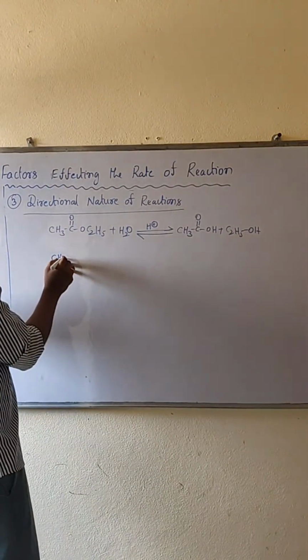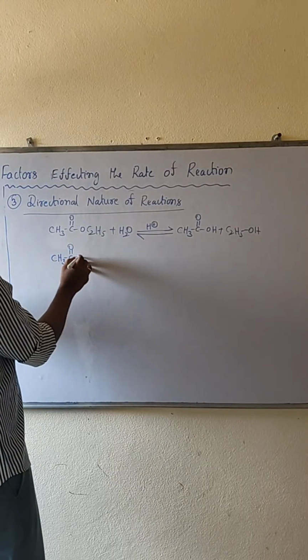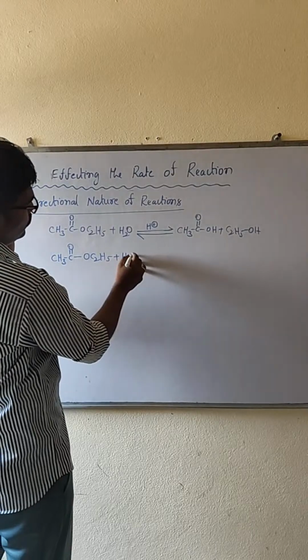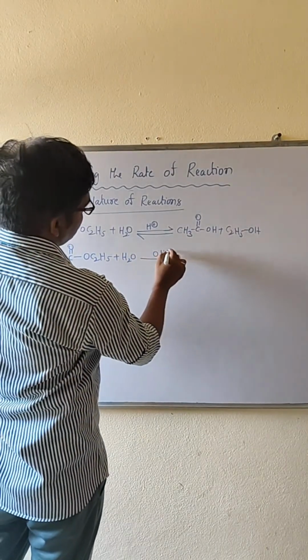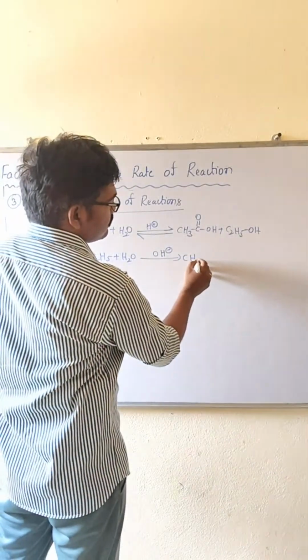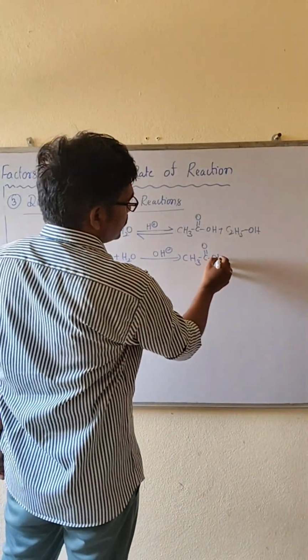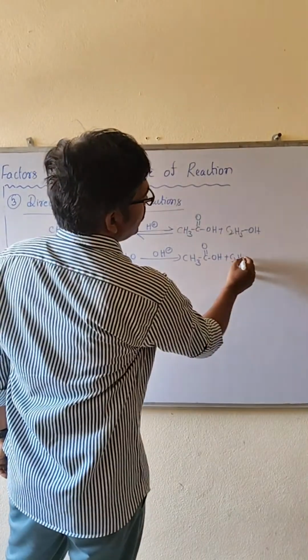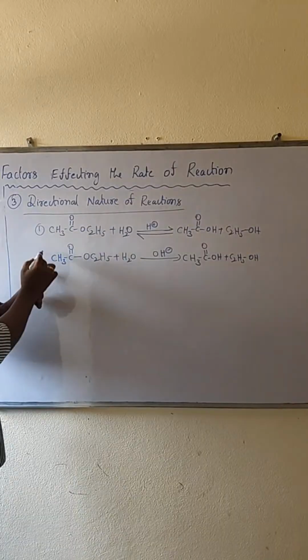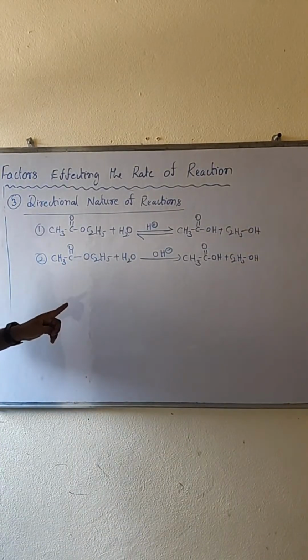The same reaction, the addition of H2O in the presence of a base, OH minus, is an irreversible reaction. The same products are formed, CH3COOH plus C2H5OH. So reaction 1 is reversible, reaction 2 is irreversible.